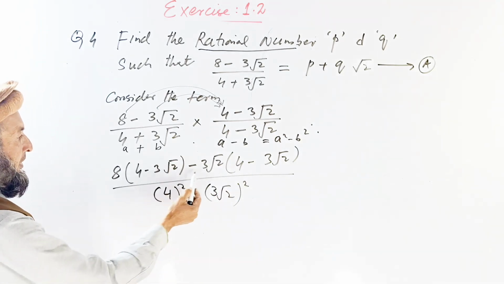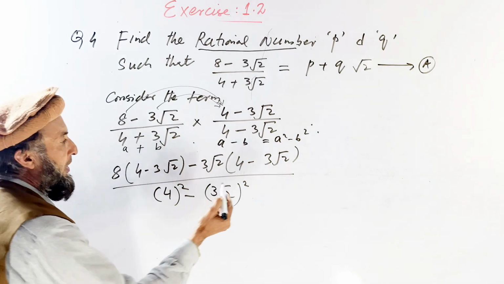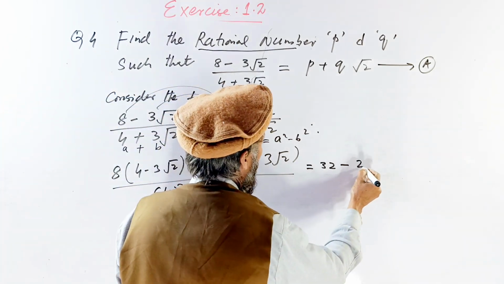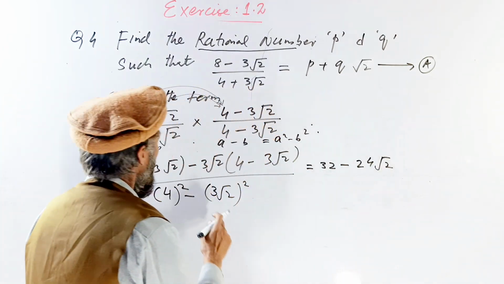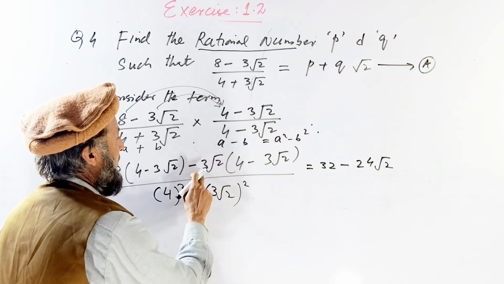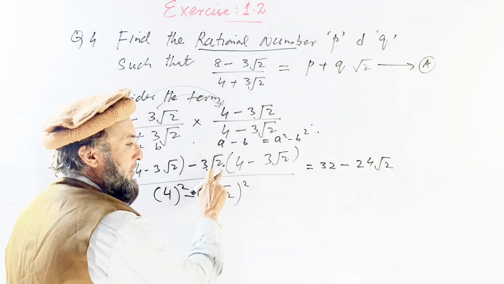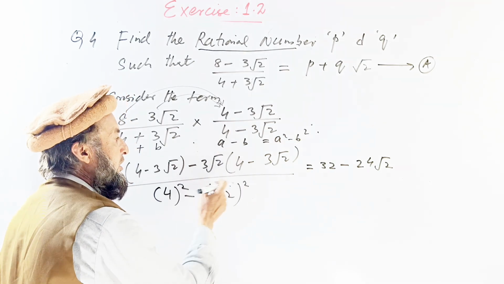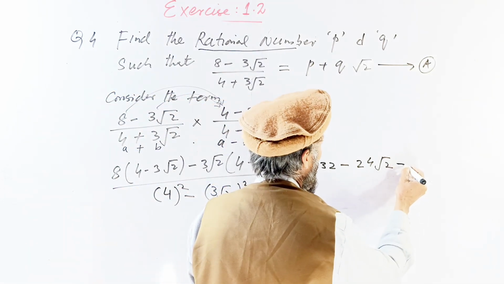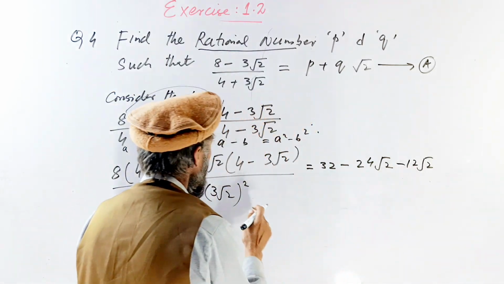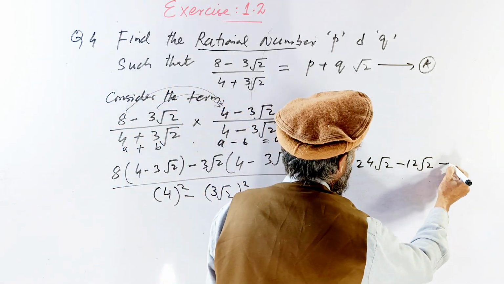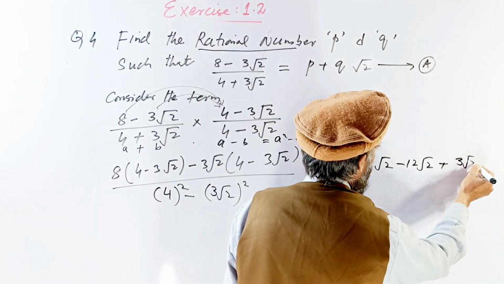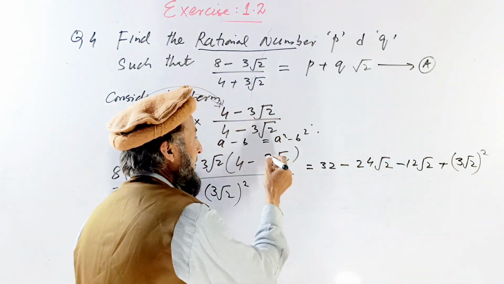Now we multiply these terms and open the brackets. 8 multiplied by 4 we get 32, minus 8 multiplied by 3 gives 24 under the root 2, minus 4 multiplied by 3, where this 4 is multiplied by the coefficient of the square root, gives minus 12 under the root 2. Then minus into minus is plus, and here 3 under root 2 and 3 under root 2 are both the same, so we can write square.